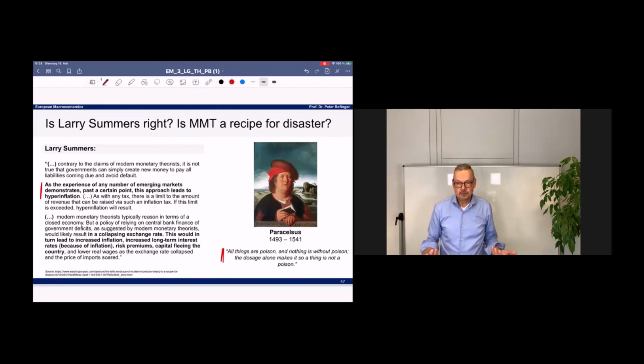If you use it in excess, you will get all kinds of problems. But if you use it wisely, it opens up many options and offers you the ability to stabilize the economy without unnecessary distortions. And that's why the example of the euro crisis is so important.